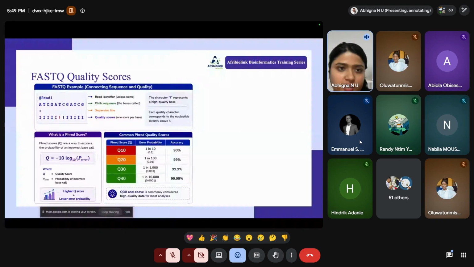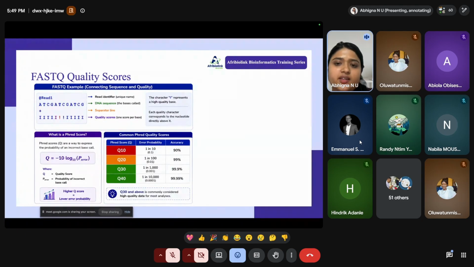For example, in the example I have mentioned here, for the first sequence, the first base is A. There is a 0.1% chance that A is wrong. That is meant by Q10.